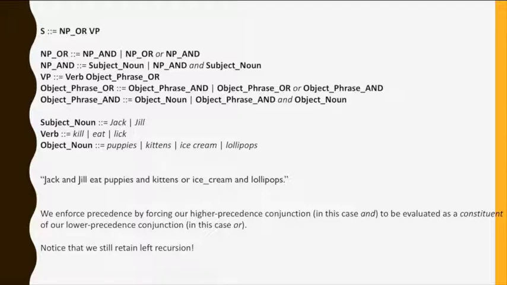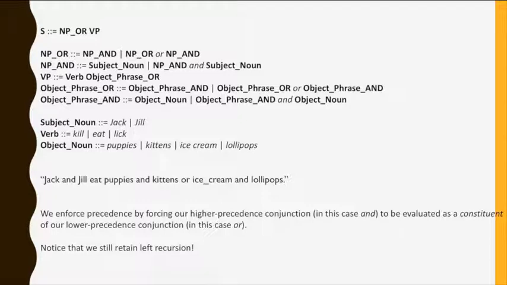So now, just to make it a little easier for you guys to read, what was before NP, we created a new non-terminal for it, and we call it NP or. So now our sentences can be an NP or followed by a VP. We also added a new non-terminal called NP and, and we changed our original object phrase to an object phrase or and added a new non-terminal object phrase and.